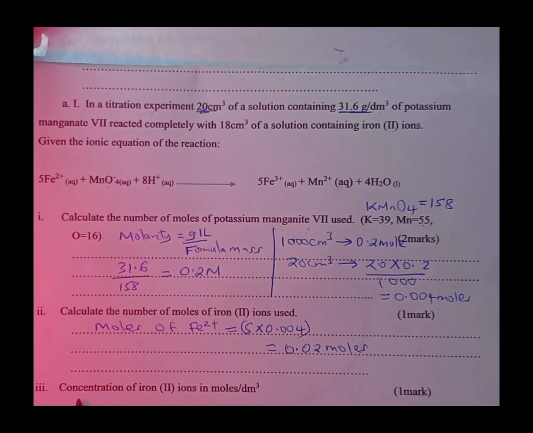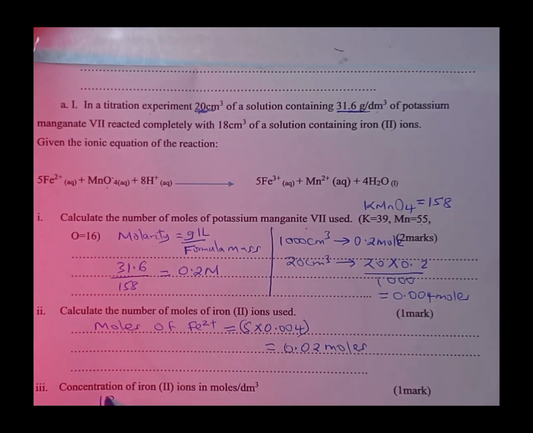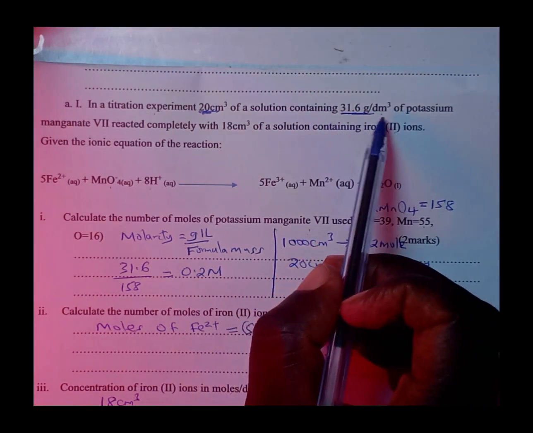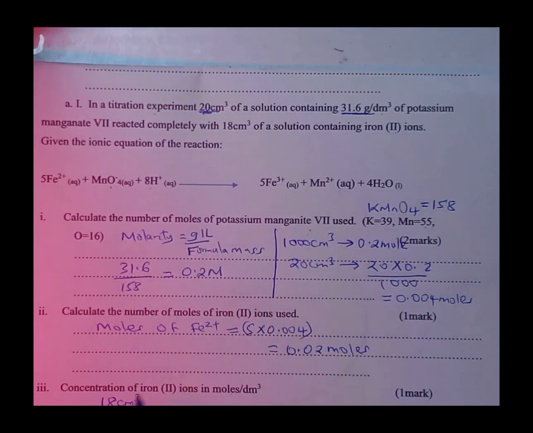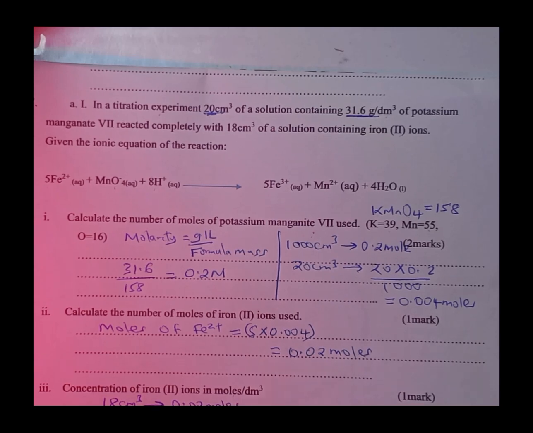Next, we calculate the concentration of iron(II) ions in moles per dm³. Remember, we are supposed to calculate the molarity, or the number of moles in 1 liter, and we know the volume that reacted with 20 cm³ of potassium manganate(VII) was 18 cm³, and this 18 cm³ contains 0.02 moles.